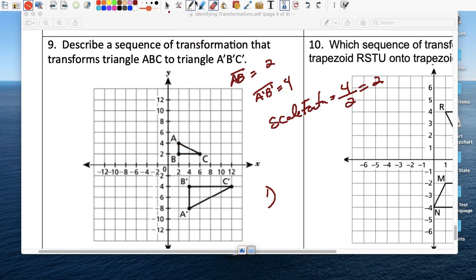And also notice that the orientation had changed. If you go clockwise, it's A, then C, and then B. And if you look at the bottom triangle, it's A prime, then B prime, and then C prime. Notice that this order changed, so there was a reflection.